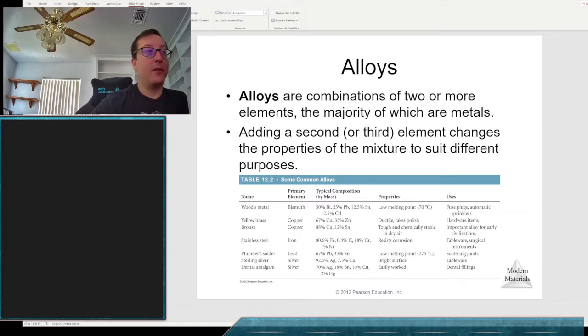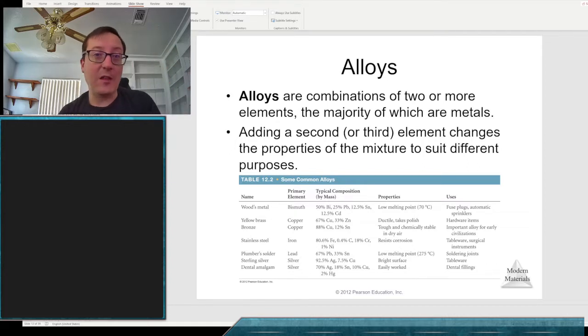So again, there's not really any limits to the alloys you can make. You can mix whatever in whatever proportion and see what you get. Some of the properties you want: you can change the melting point, you can make it resist corrosion, you can make it easier to work. All of these can change the physical properties of these metals.